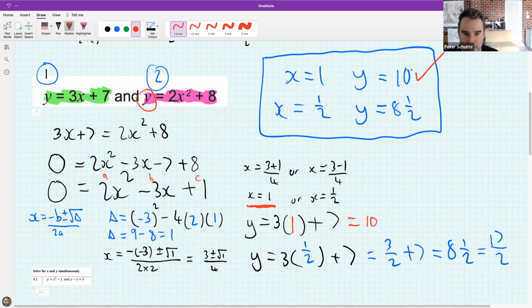But now the test of being simultaneous is, does it also work for the pink one? So let's try that. 1 squared is 1. 2 times 1 is 2. 2 plus 8 is 10. So it simultaneously satisfies both the green and the pink, or the equation 1 and equation 2. And that's what it means to solve an equation simultaneously.